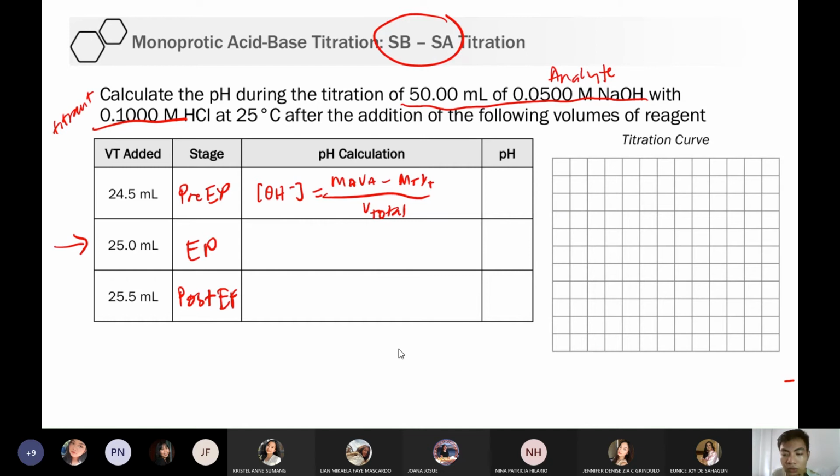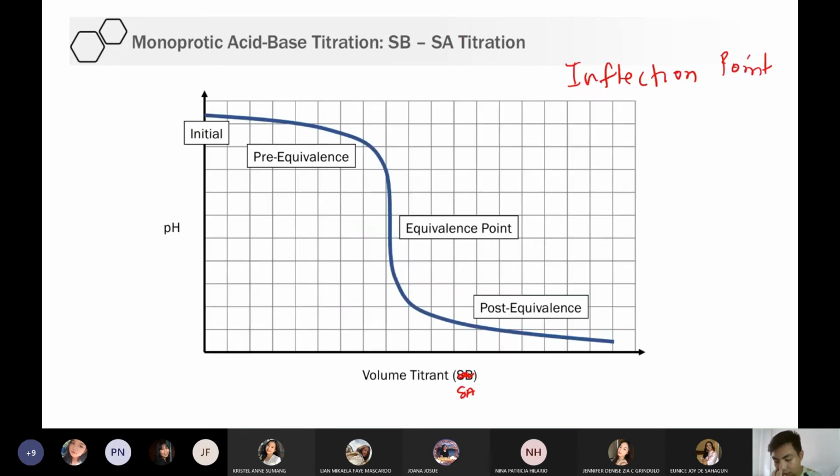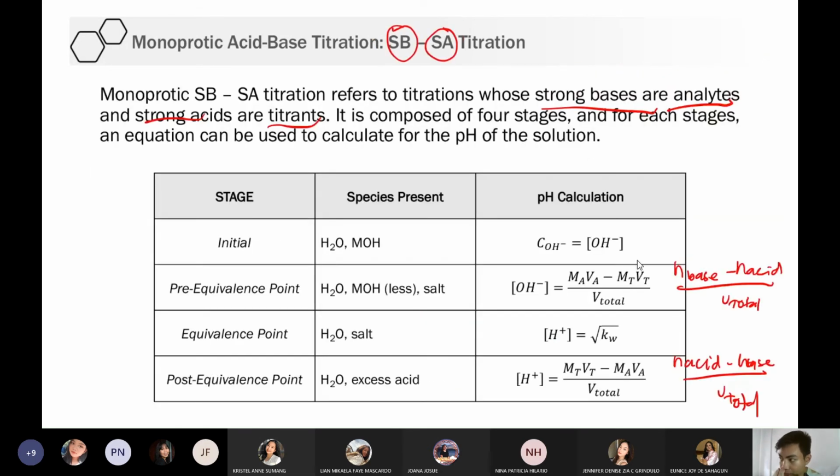So, kabaliktaran 'to ng sa SASB. SBSA tayo ha. Okay, mali 'to. SBSA. Iba yan sa SASB. So, kapag SB na una, OH masosolve mo muna. So, yan. This is the equation to be used. So, kindly refer to this table para makita nyo yung equations.